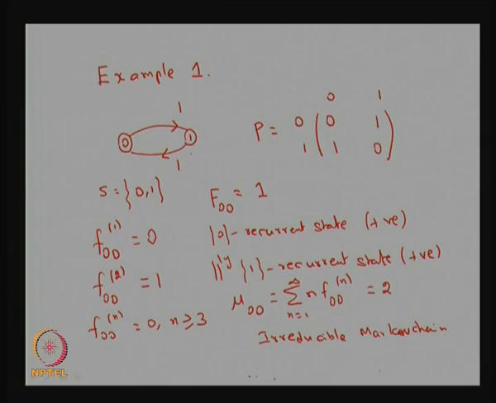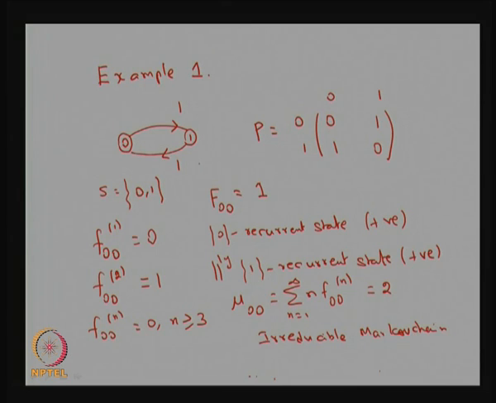Similarly, in a longer run, you can make out if the system starts from state 1 initially, at all the even number of steps it will come back to the same state 1 and at all the odd number of steps it will be in state 0. In the longer run also it is going to happen in the same way for even n and odd n, accordingly the system will be in any one of these states.